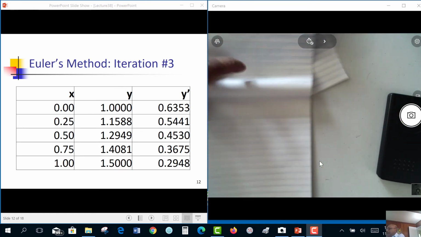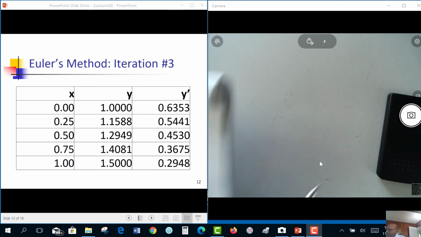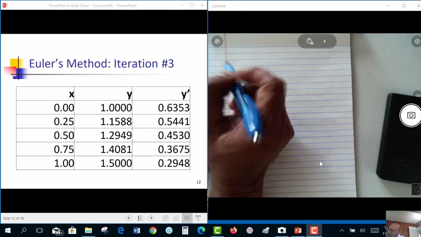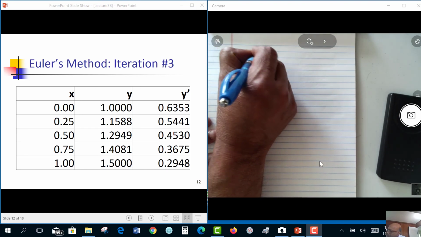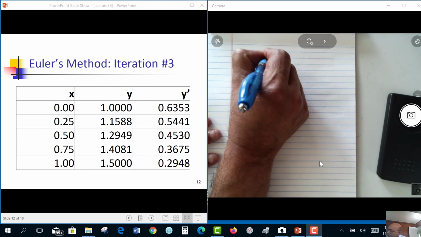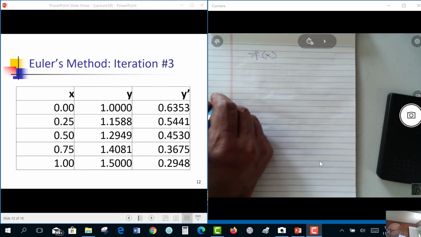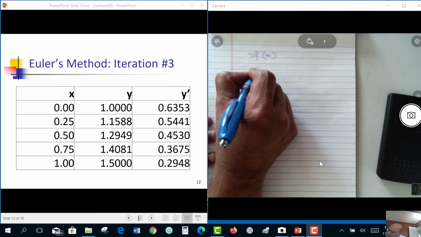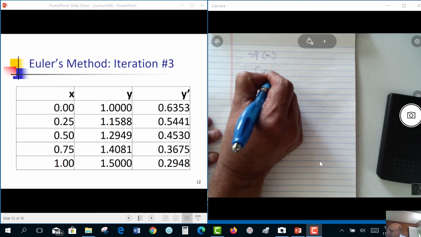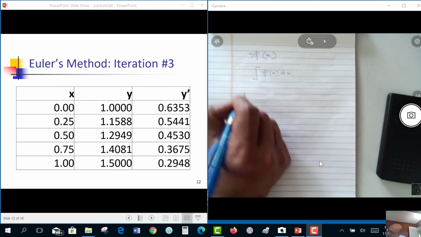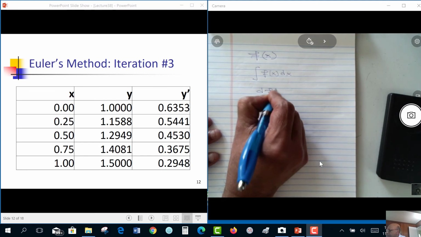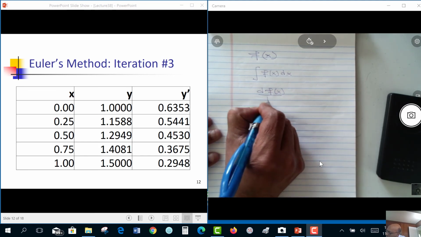Let me give you an abstract picture also. So remember what we did. We have now learned about properties of a function. We have learned how to integrate a function, and we have learned how to differentiate a function. All this numerically.